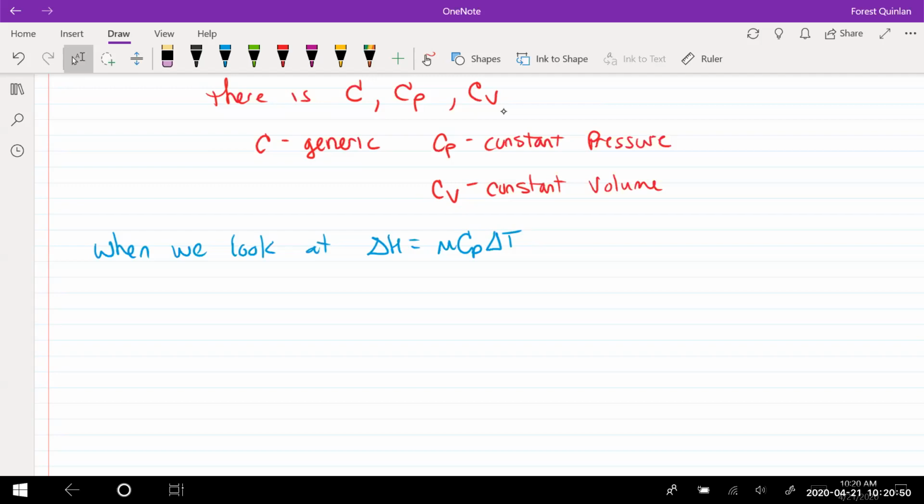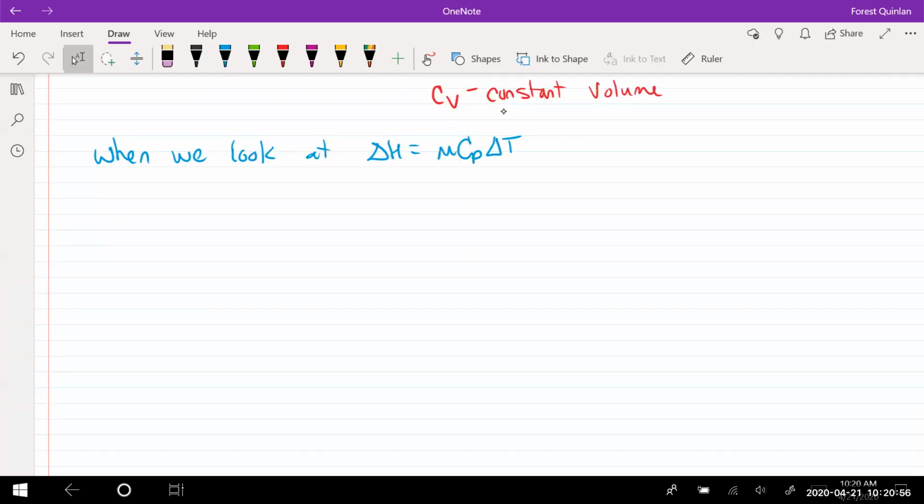So when we look at this, if we don't do any work, we'll worry about doing work later. Delta H is Q, is just the heat of the system.